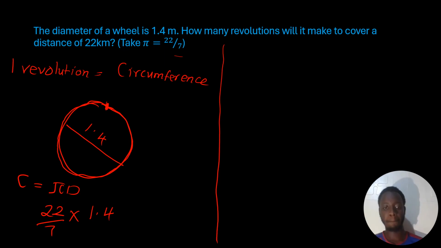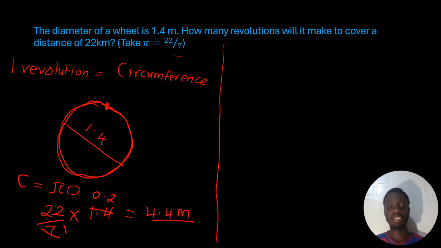We can simplify this: 7 here, 1 here, 0.2, and 0.2 times 22 is 4.4 meters. So this is the circumference.